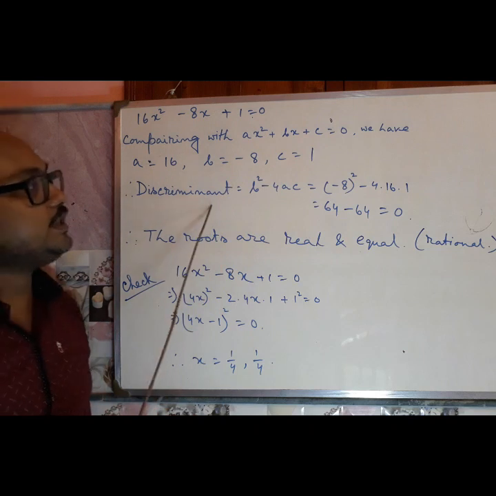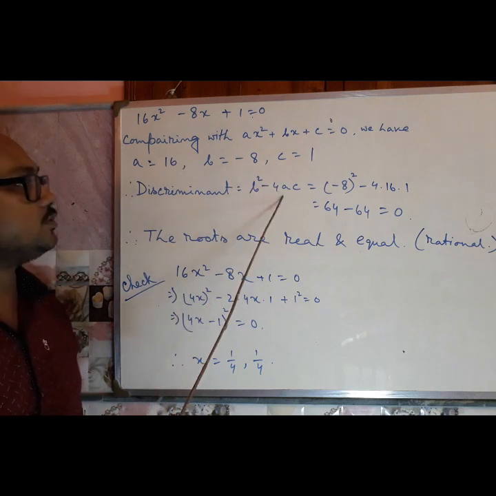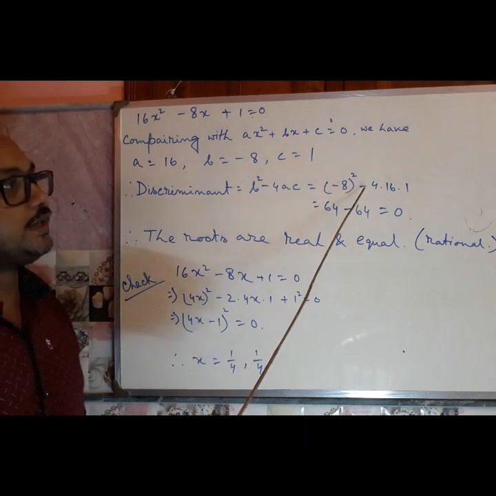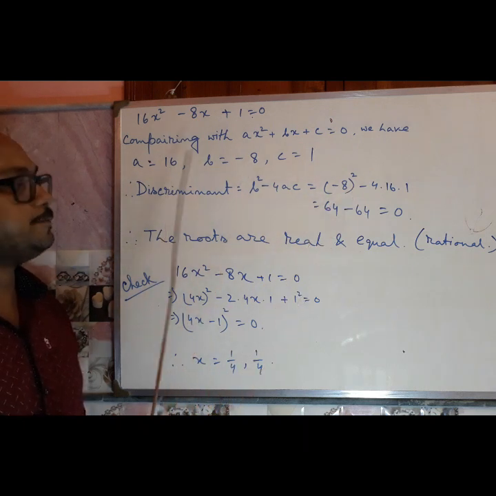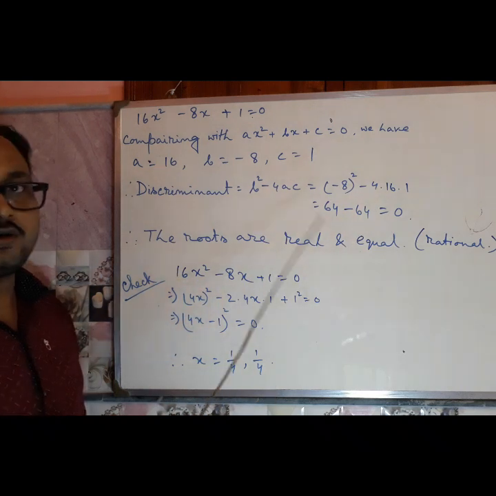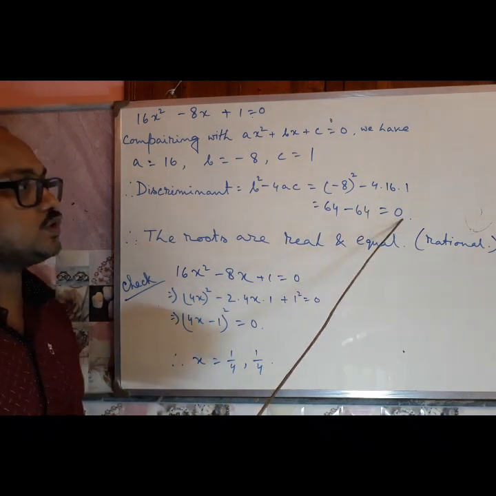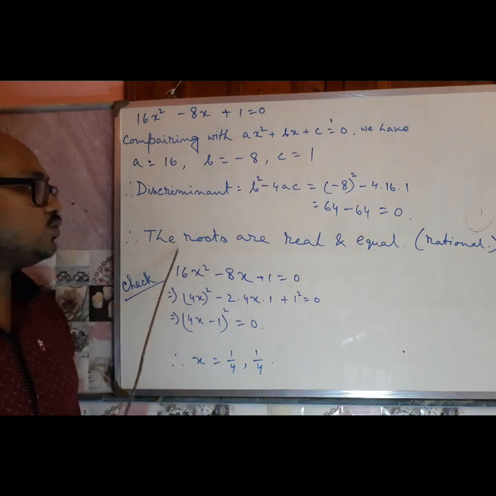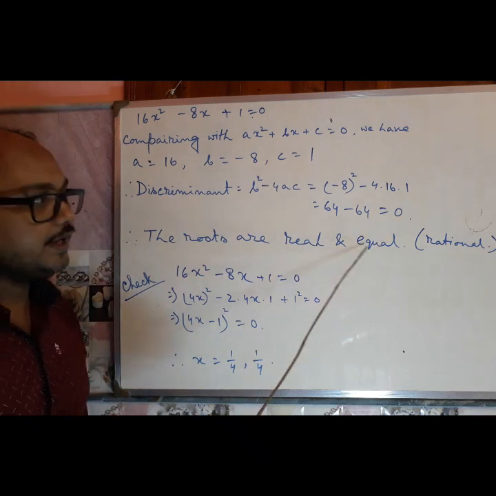So again the discriminant b square minus 4ac is equal to minus 8 whole square minus 4 into 16 into 1, that is 64 minus 64, which is equal to 0. As the discriminant is equal to 0, the roots are real and equal.